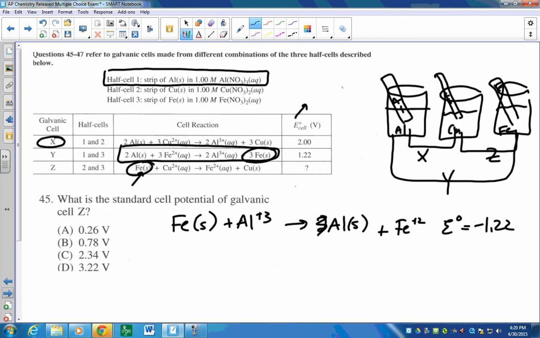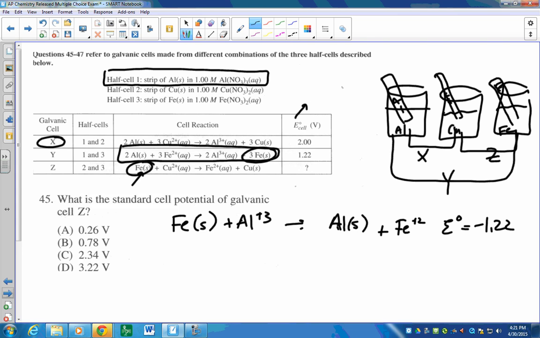Now, the reason why we can ignore the stoichiometry is because a battery's potential is not dependent on the mass of the electrode, because the reaction occurs on the phase boundary between the metal and the solution.